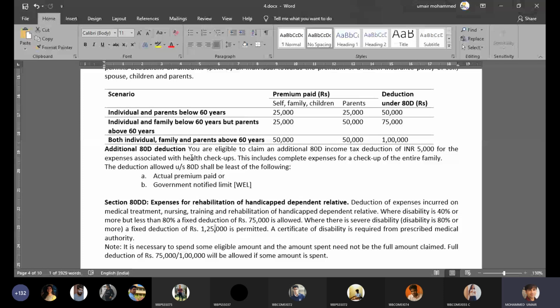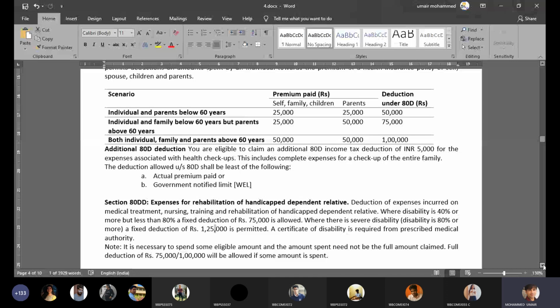The alphabet also says U. That means the assessee is the one who is physically challenged. So 80DD and 80U, the provisions are the same, except the difference is that in 80DD the assessee's relative is disabled, whereas in 80U, the assessee himself or herself is disabled. Otherwise, the provisions are the same. Okay, so remember that.